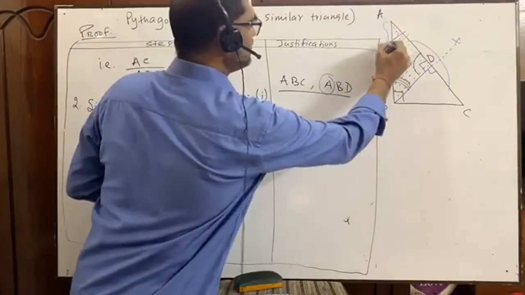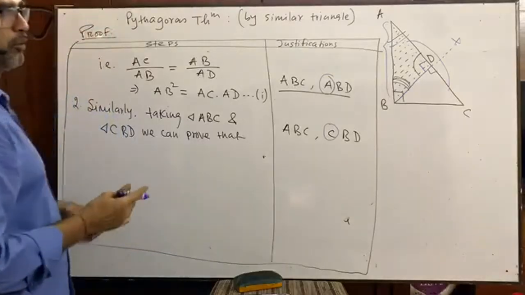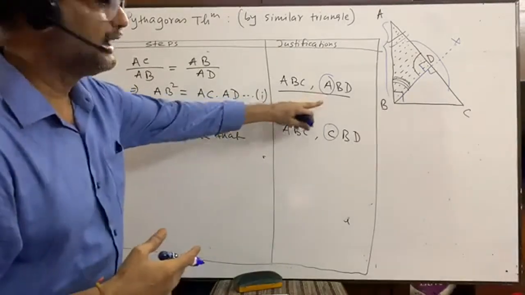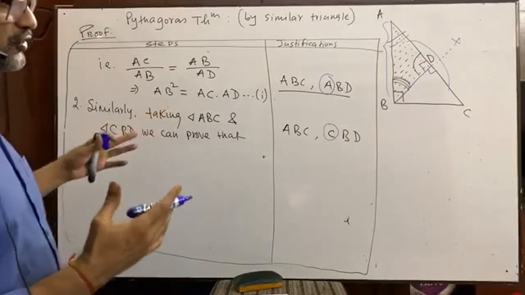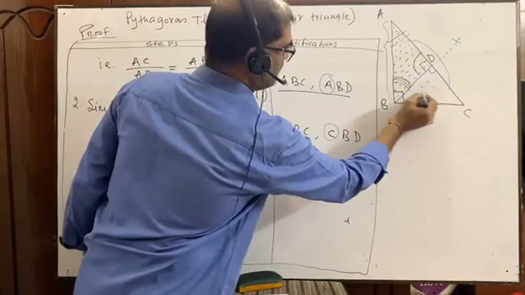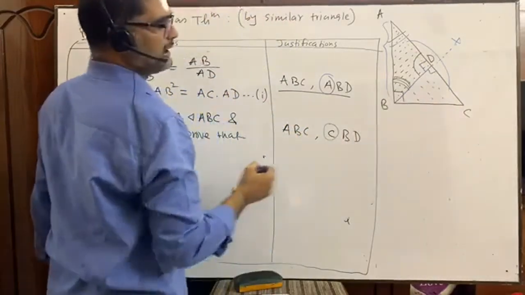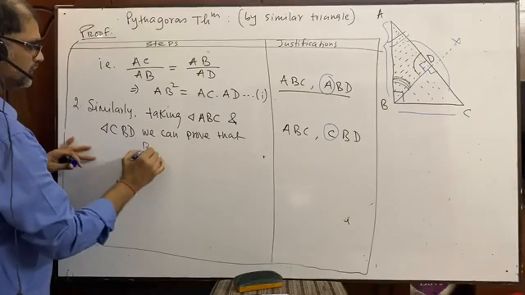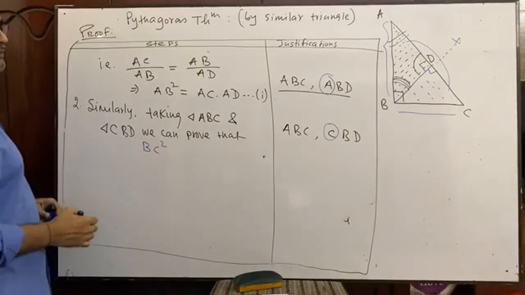You see this is AB. For taking triangle ABD, I have got AB square. So for taking this other triangle, I will get this side. So it is BC square. Write down, it is BC square.